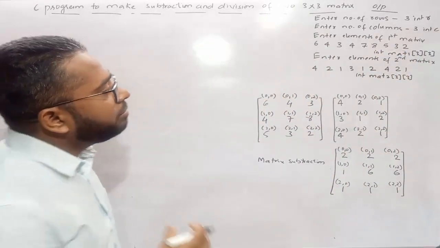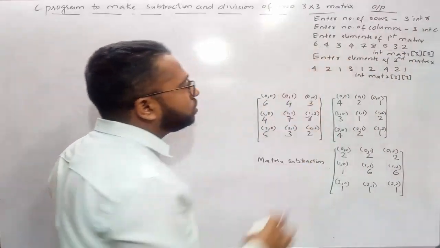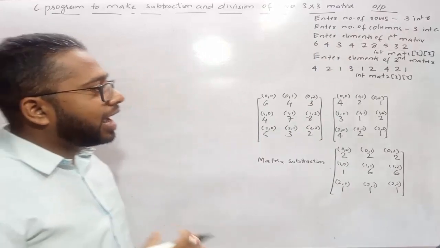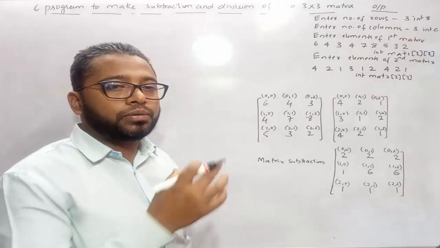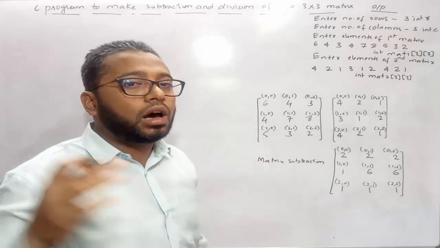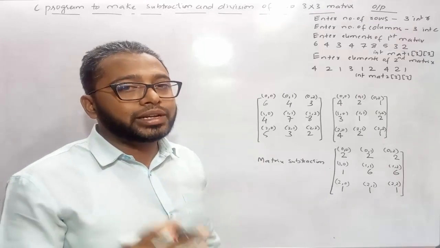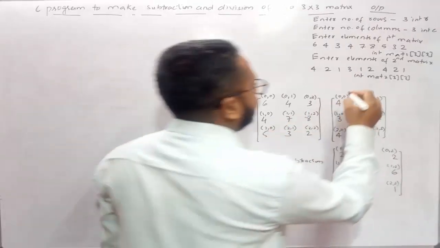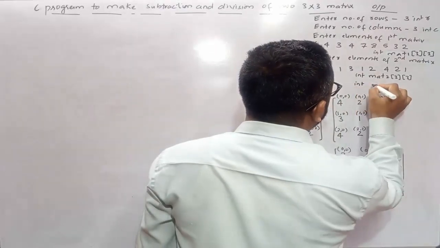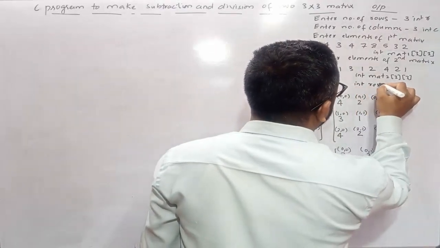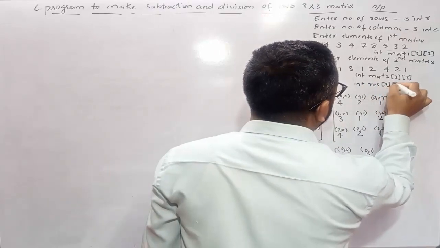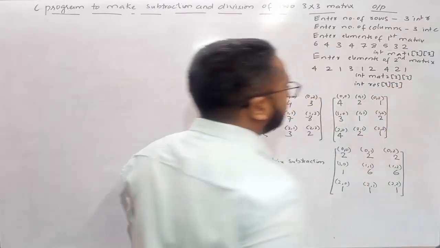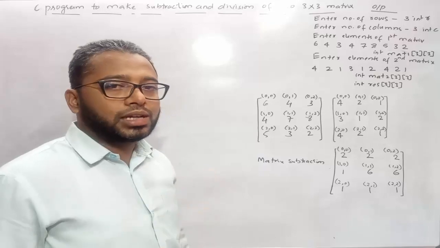Once I perform the subtraction of these two matrices, I need to store the output in another matrix. That means I need to create a third matrix which will hold the result. So that result will be int res with 3 rows and 3 columns. I'm sure you guys have understood now.